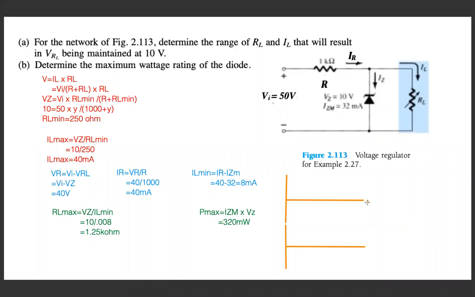So on this axis we are having the value of RL, here we are having R, and here we are having VL.